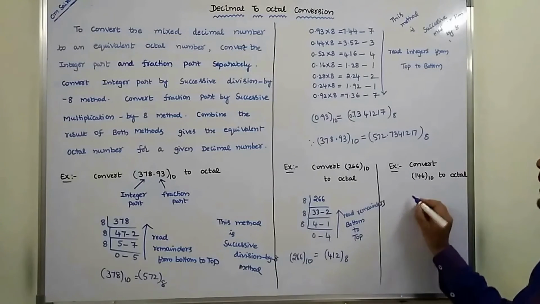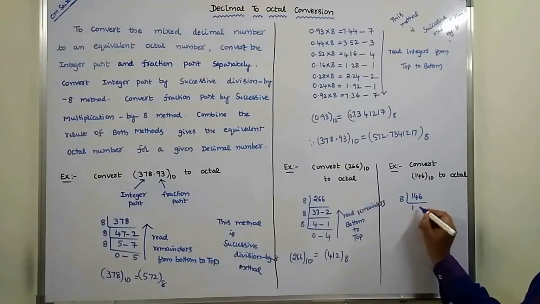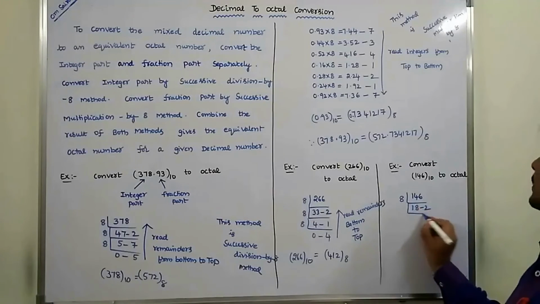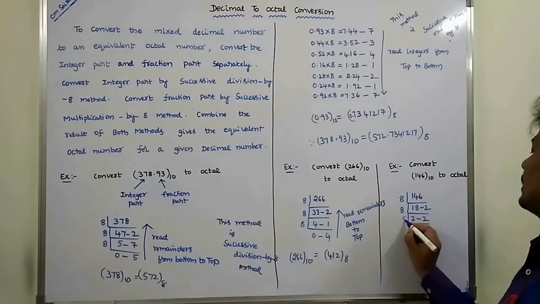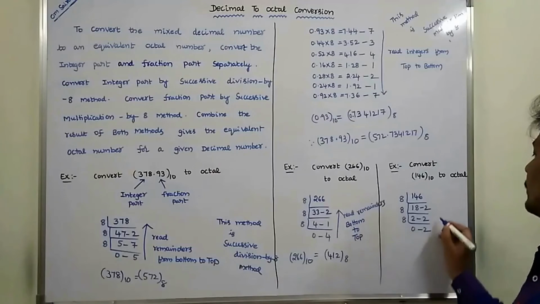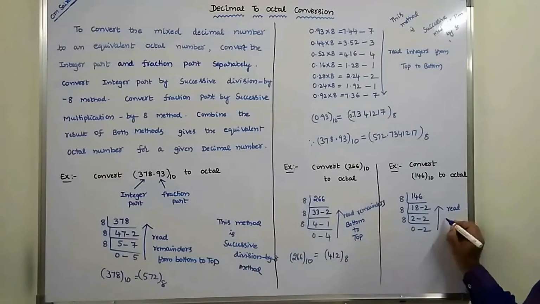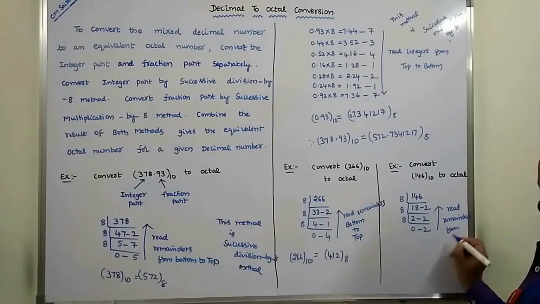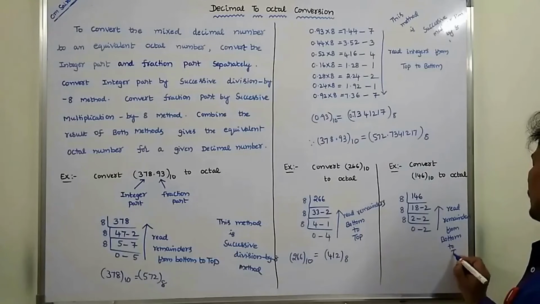Now we go for another example. So 146. So 8 18s 144, so remainder is 2. So 8 2s 16, remainder is 2. 8 0s, remainder is 2. So read the remainders from bottom to top.